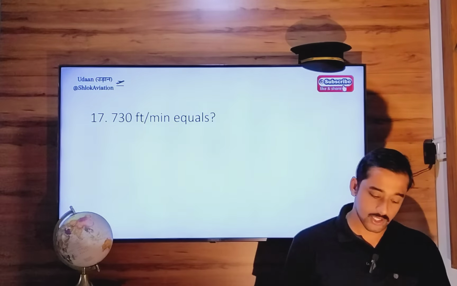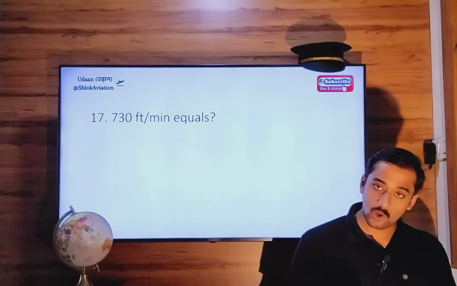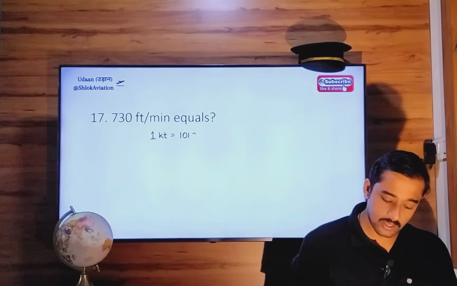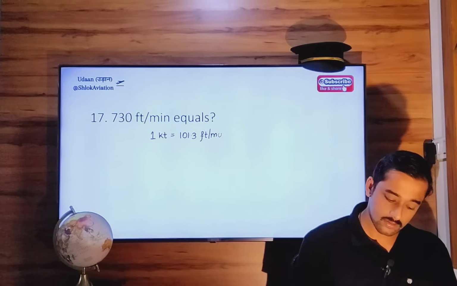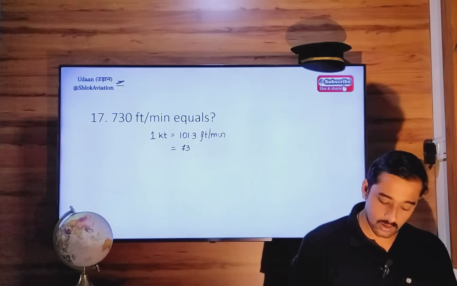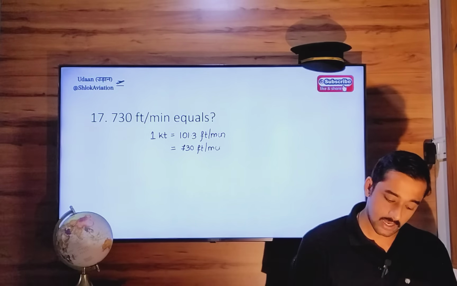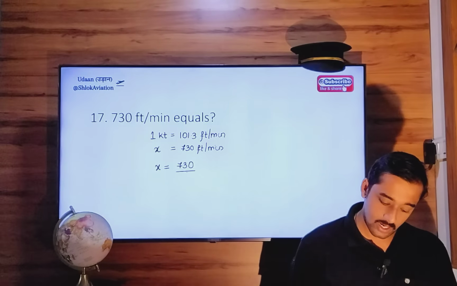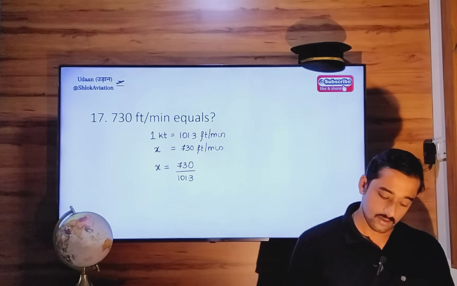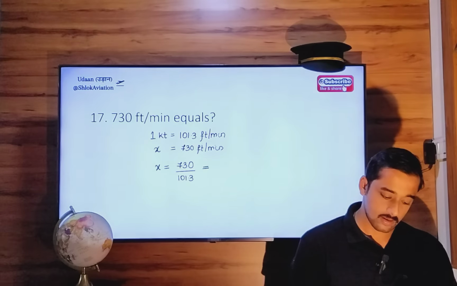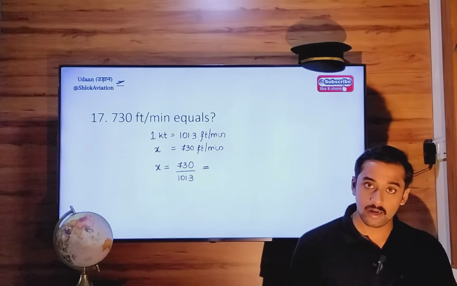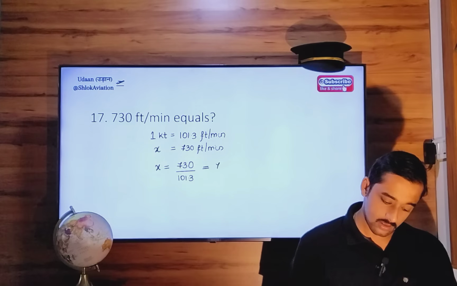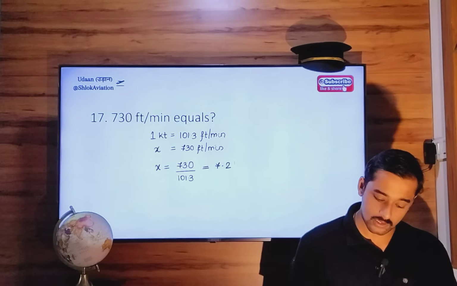Question 17. 730 feet per minute equals how much in knots? Now 1 knot equals 101.3 feet per minute. So 730 feet per minute equals how many knots? So x will be equal to 730 divided by 101.3, which equals 7.2 knots.